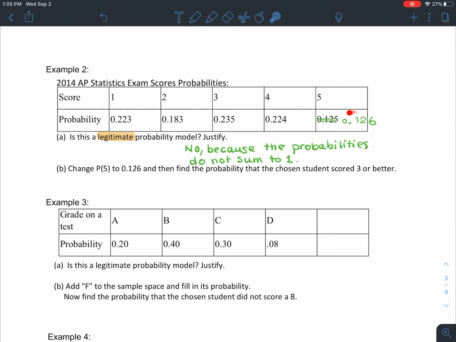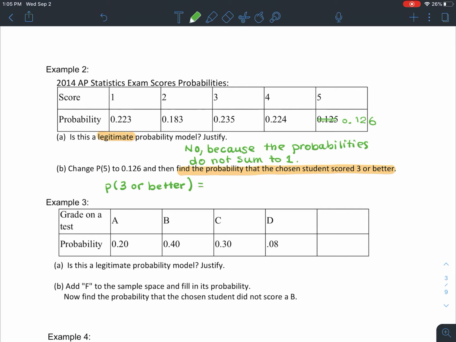Now, if I were to make this a legitimate probability model, I might come in here. It's telling me here in part B to change that to 0.126. I believe that makes this now sum to 1. And then it says, find the probability that the chosen student either scored a 3 or better.